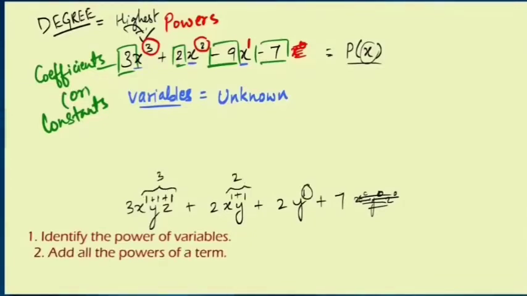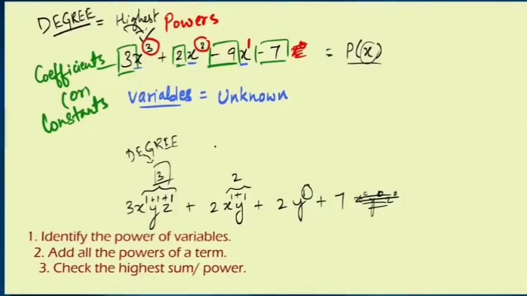We cannot directly add them, but to calculate the degree we need to add the powers of all the variables in a term, that is 3. So it is a polynomial of 3 degree. Identify the powers of variables, add all the powers in each term, and check the highest sum of powers. That is 3. So this polynomial has degree 3.